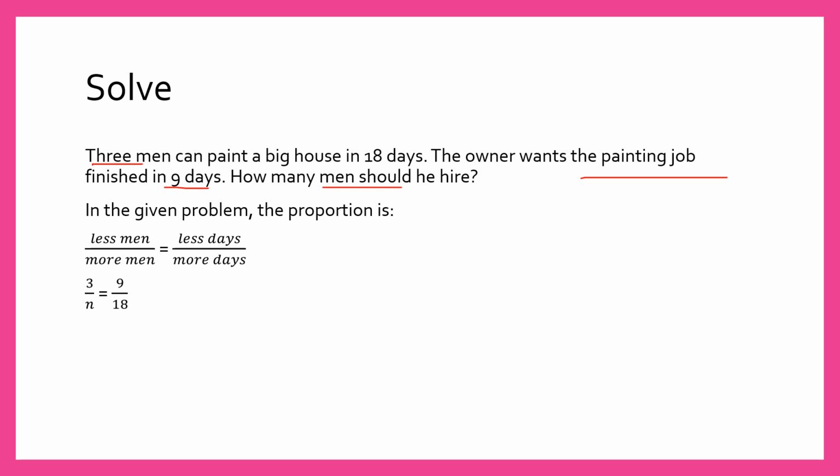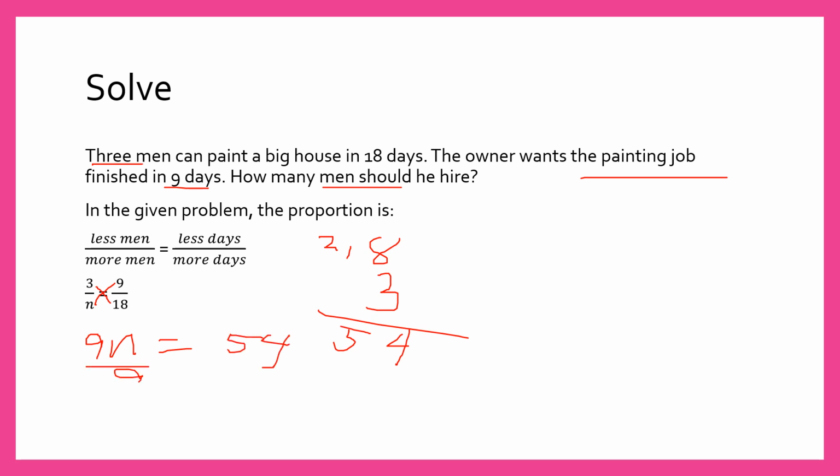So we have 9n is equal to 18 times 3. 8 times 3 is 24. Bring down 4, carry 2. 3 times 1 is 3 plus 2, 54. So 54 divided by 9, n is equal to 6.